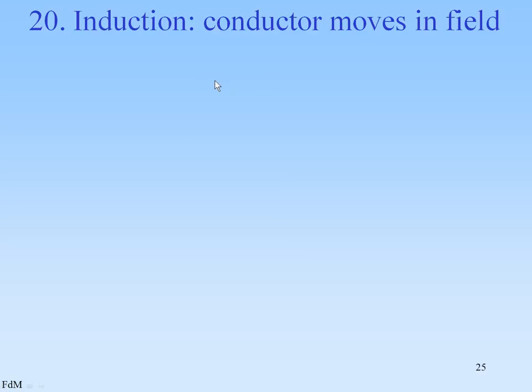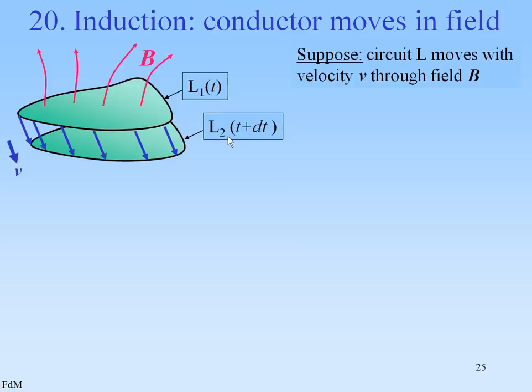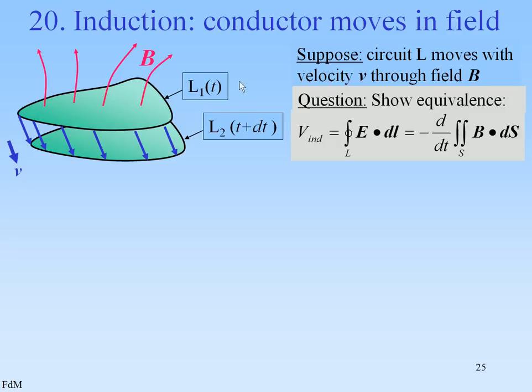Now we go to induction. Suppose we have a conductor of an arbitrary shape and it's moving in a field B. Here is the field B. At time t, the conductor is in position L1, and at time t plus dt it is in position L2.